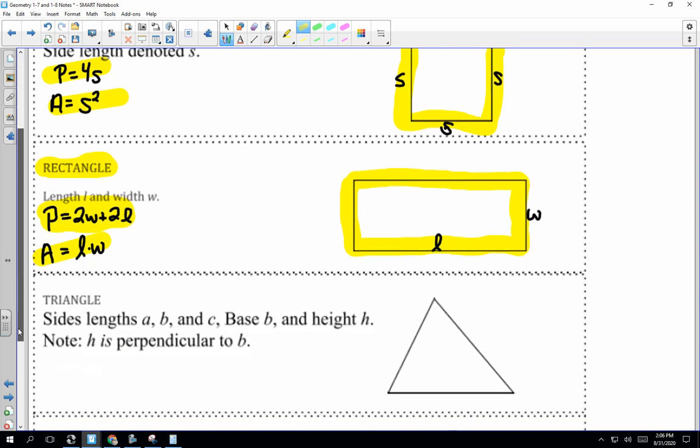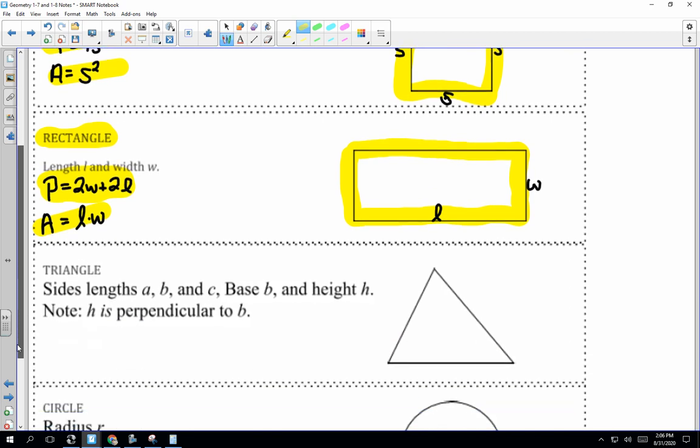All right, next we have this crazy little guy called a triangle. And triangle has the side lengths, and we'll put that in. A, B, C. We usually like the B to be on the bottom, so we'll go A, B, C. Okay, and then from the very top to a point that's perpendicular to the base, we call H, or the height.